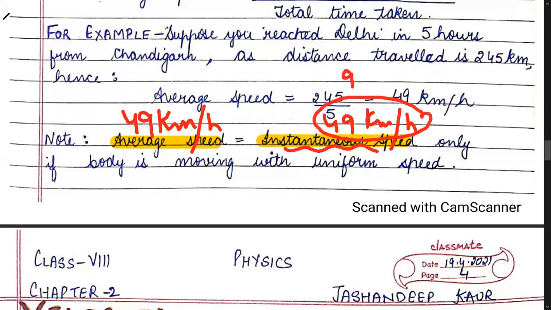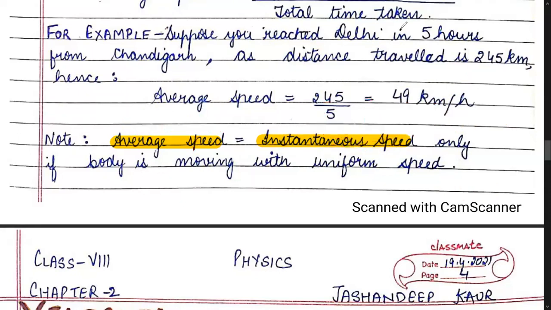Suppose you watched your speed at 9 a.m., then you watched the speedometer at 9:10, then at 9:30, and the speedometer is always showing, for the entire 5 hours, 49 km per hour. What does it mean? It means that your instantaneous speed at every time was equal to your average speed. And it means that the body was moving with uniform constant speed.